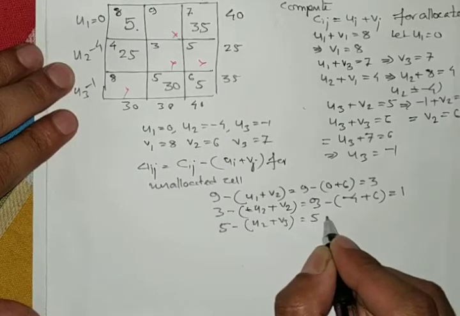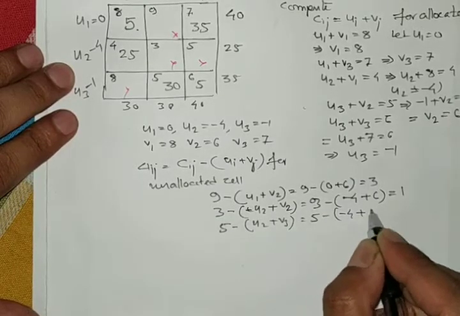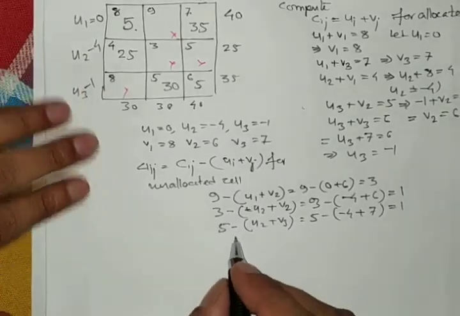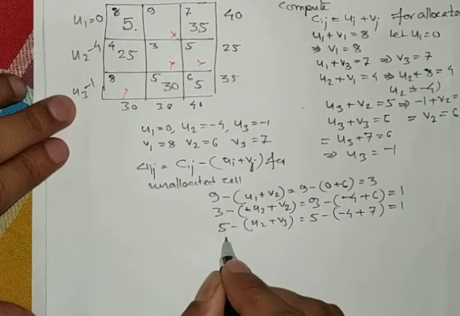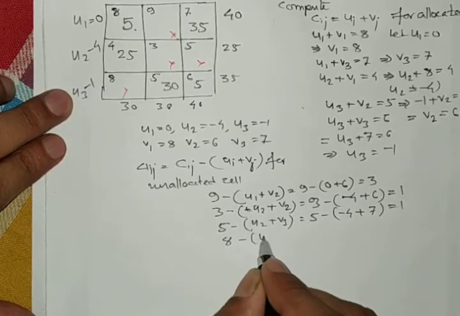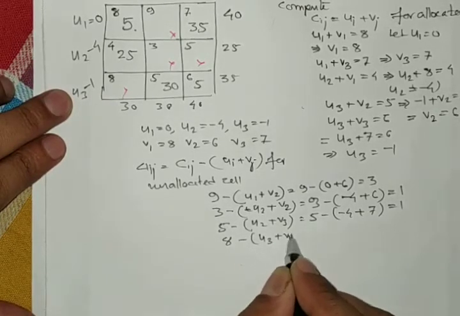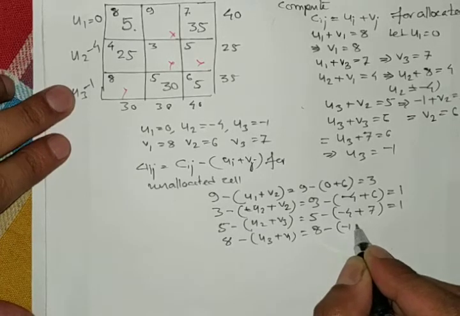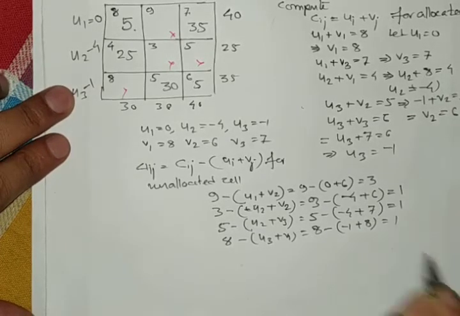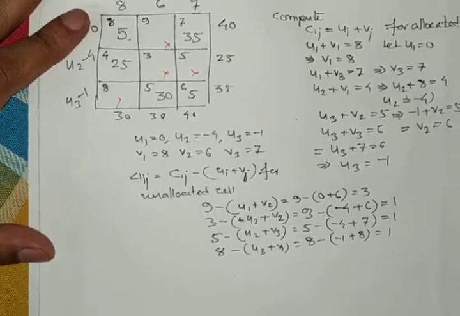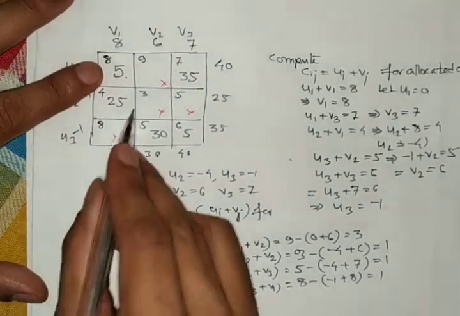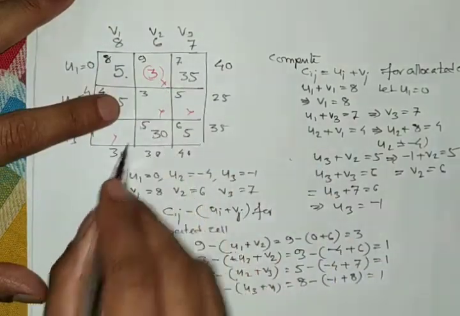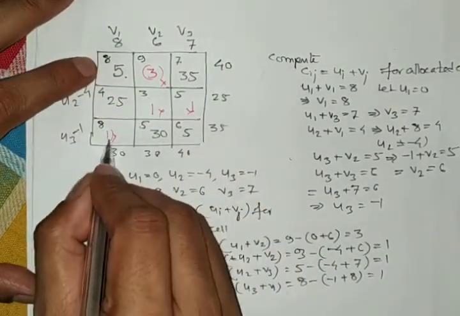So this is 5 minus (minus 4 plus 7), so this is 1. For this one 8, u3 plus v1. So 8 minus (minus 1 plus 8), so it is 1. So here this value is 3, this value is 1, this value is 1, this value is 1.